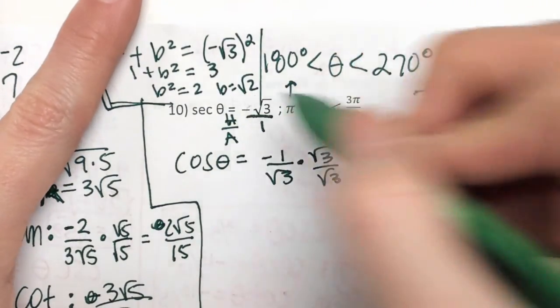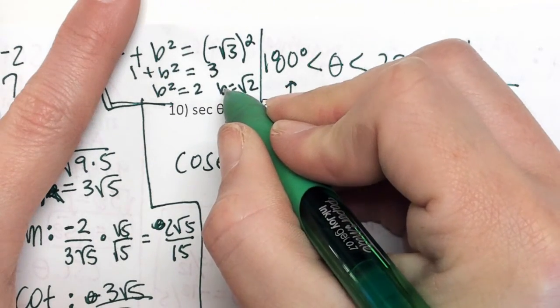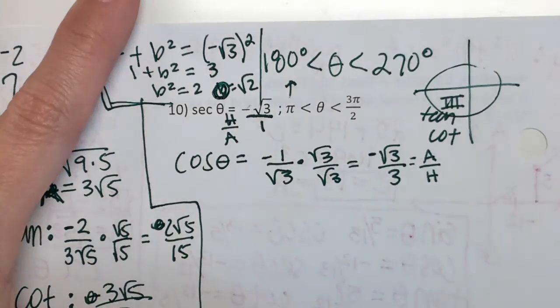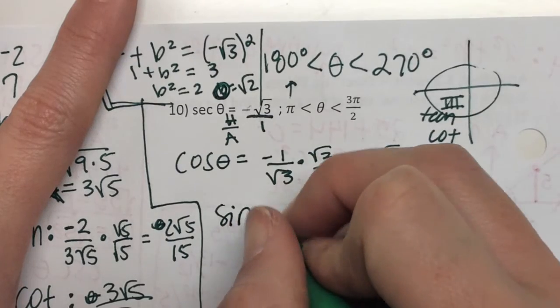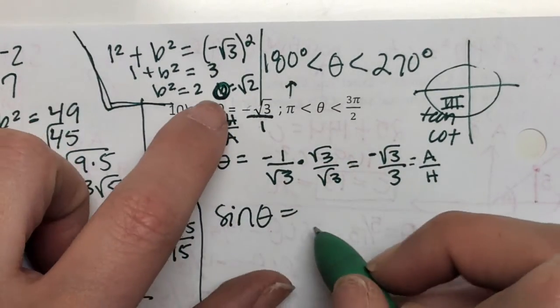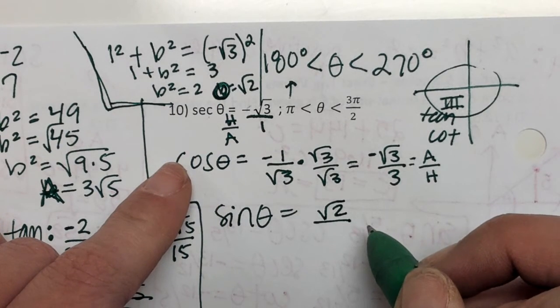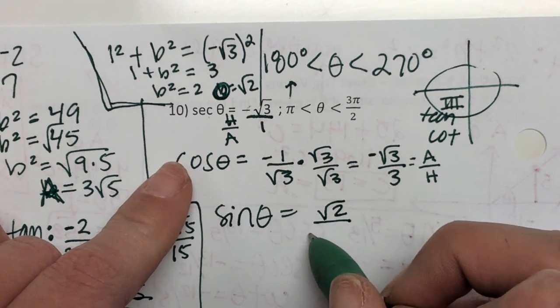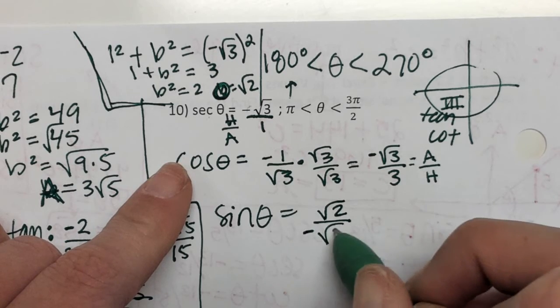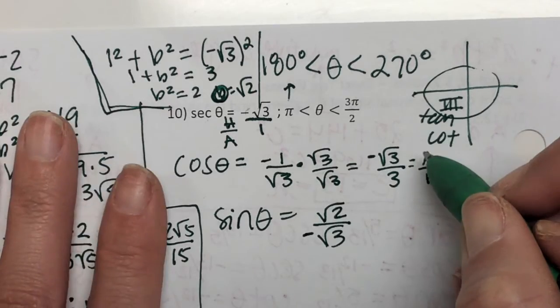Alright, so what did we just find again? Opposite. Okay, let's start with sine. Sine is blank over blank. So it'd be square root of over. Yes. Let's bring that negative in. Because isn't sine supposed to be negative here?